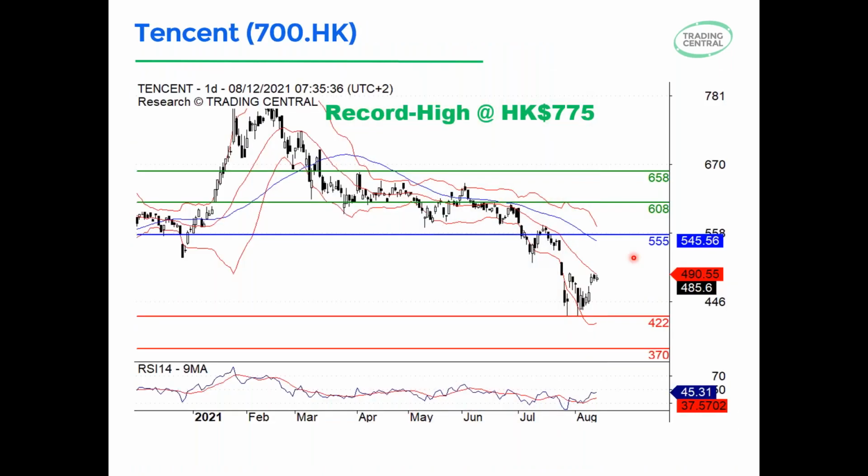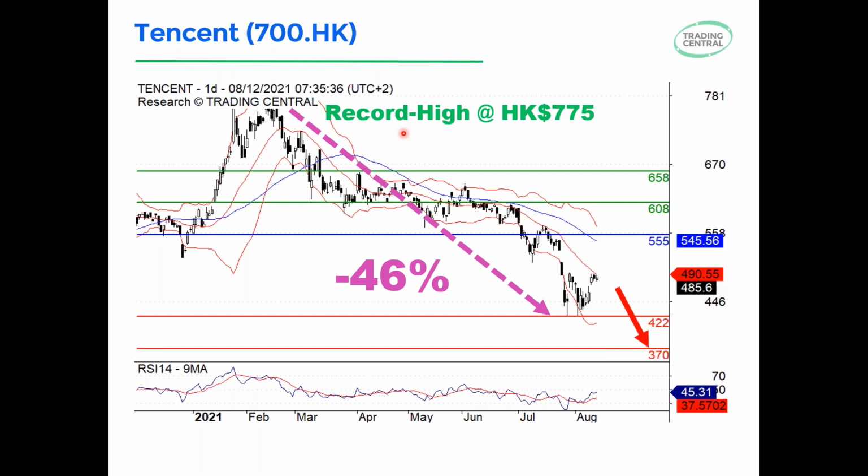Tencent has been the big brother of online gaming in China. Okay, and also in February, it went up to a record high, 775. But in the recent sell-off, the cumulative downside is 46%.